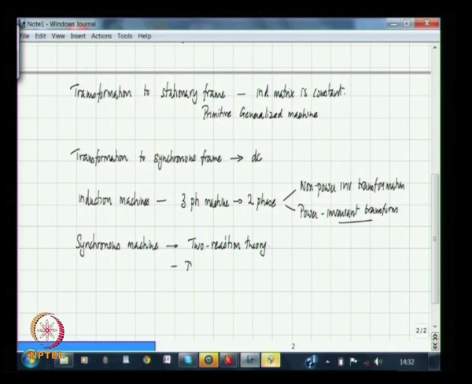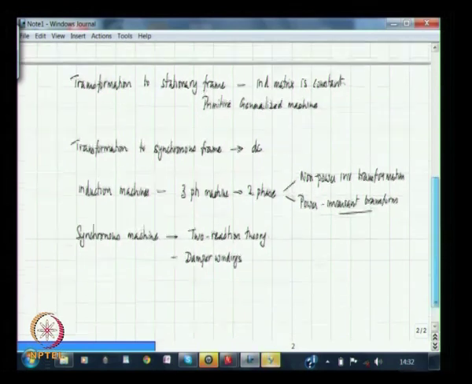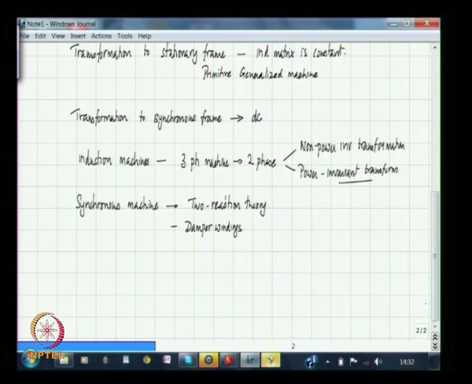And then we looked at the transient analysis of induction machines and synchronous machines as well, where dampers played a very important role, damper windings. And then as an application of the machine equations that we had studied, we looked at the sudden short circuit of the alternator.